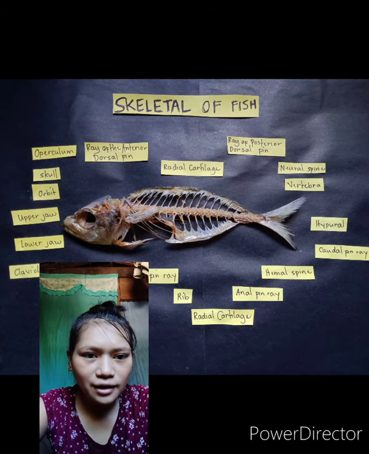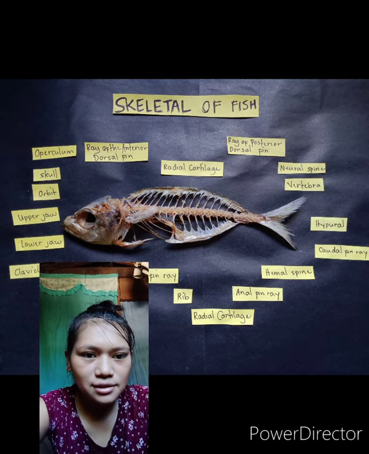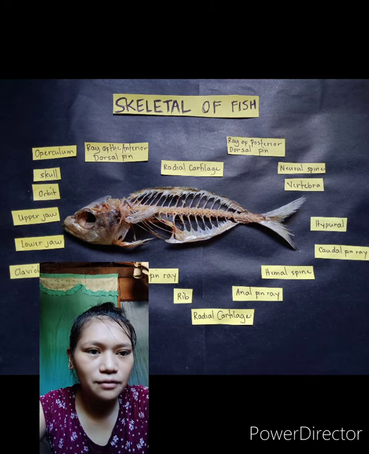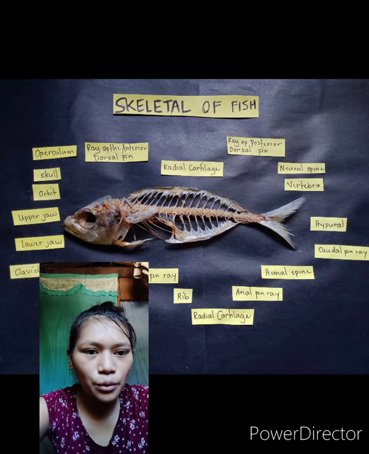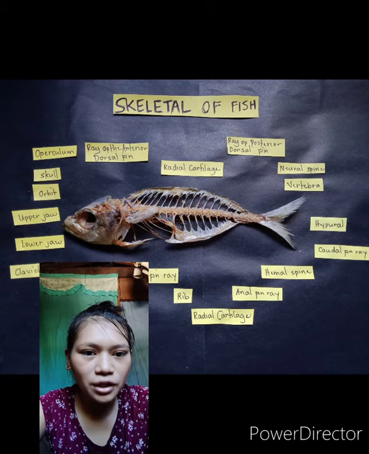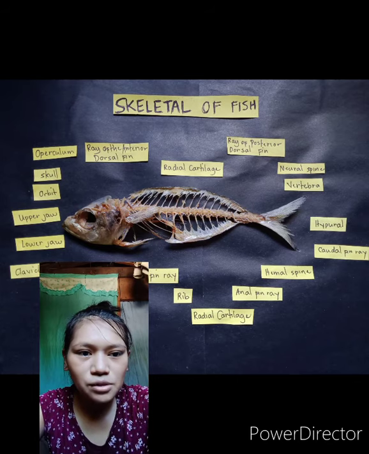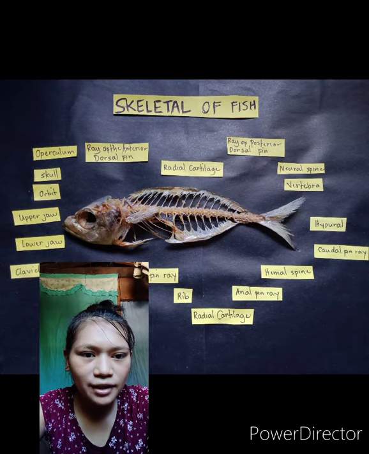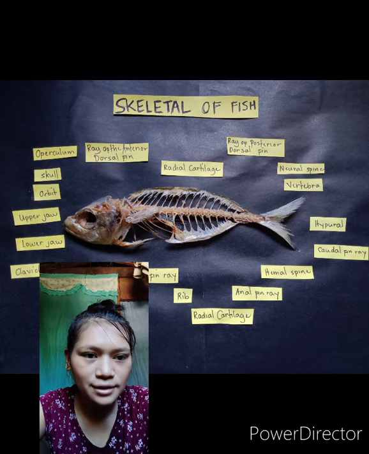Each vertebra is hinged to the next vertebra in such a way that movement is possible only in a single plane. A fish moves forward by sweeping its tail sideways.